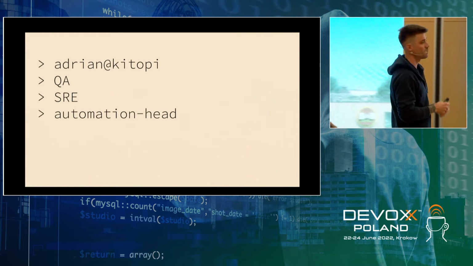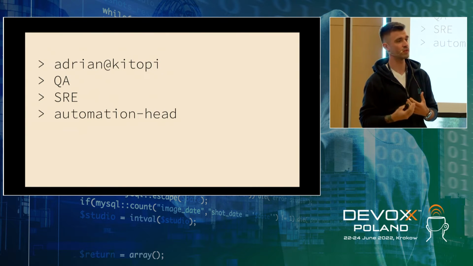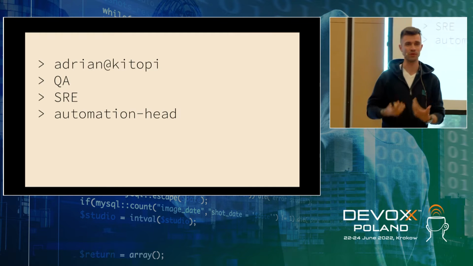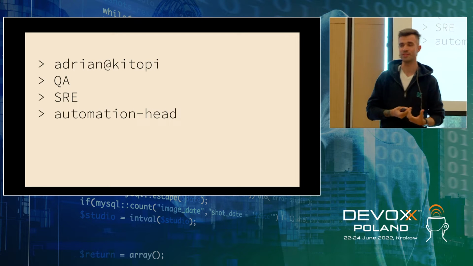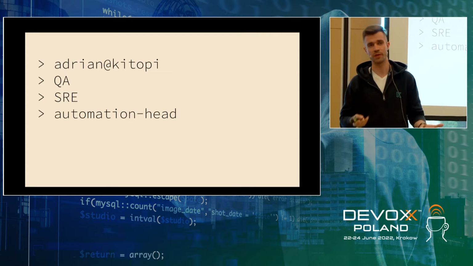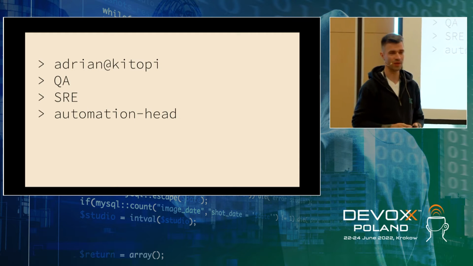I'm also, I would say, an automation head. That doesn't mean that I only focus on test automation. I like to automate stuff, I don't like doing manual things, and I don't like to do the same thing twice unless it's super necessary. So I'm into infrastructure as code and automation pipelines. If you can do something by script, by GitLab, that's where I live, basically.